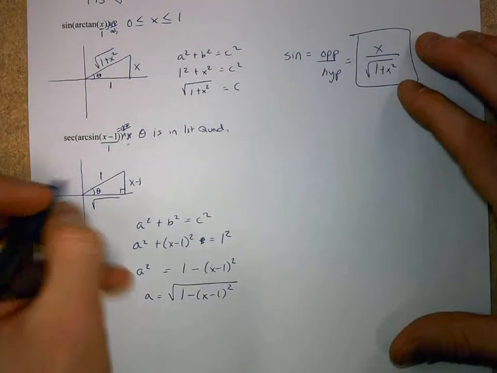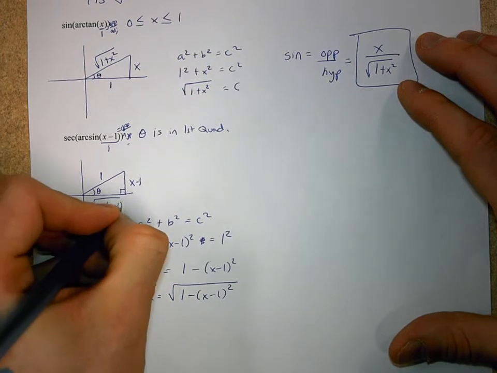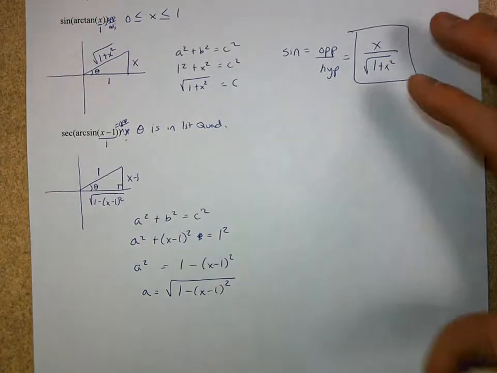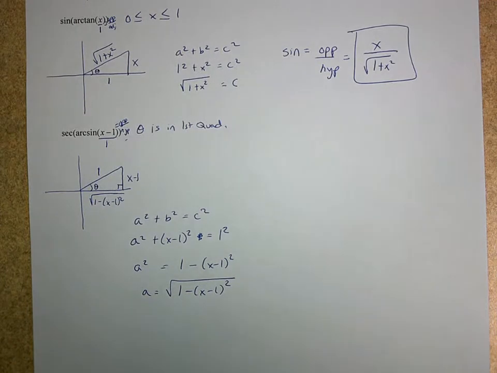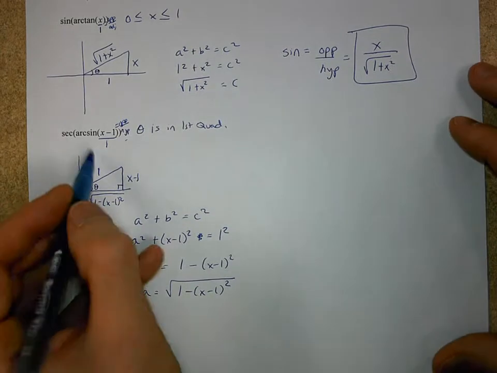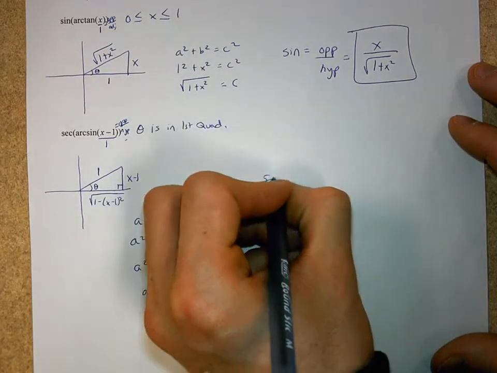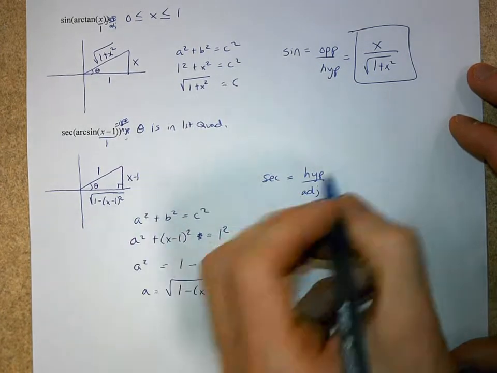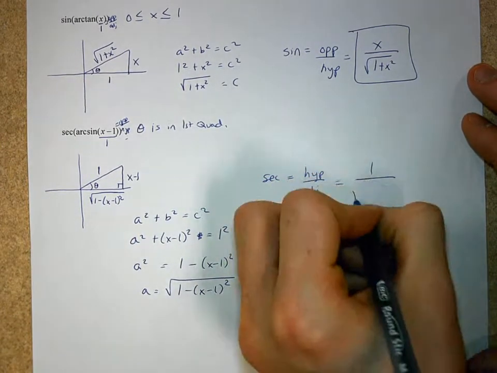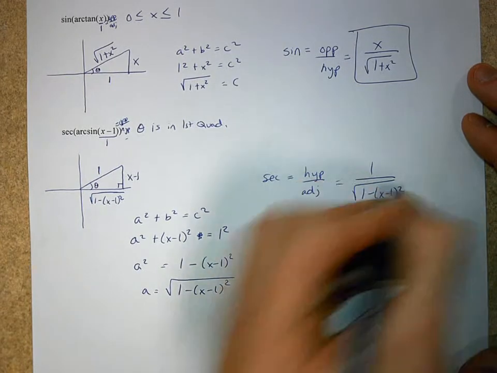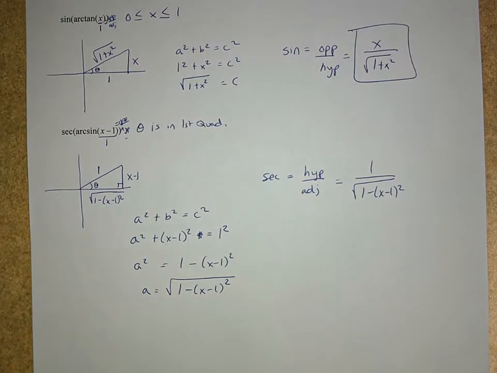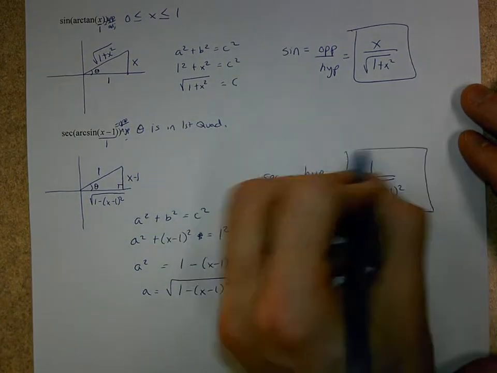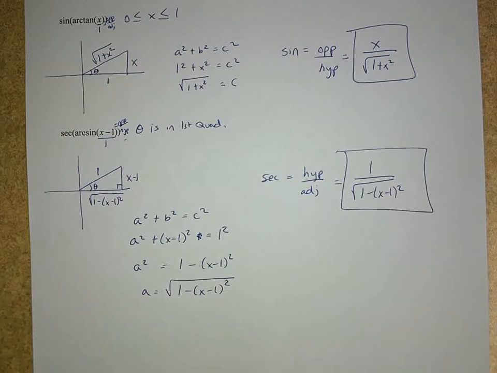So a ends up being the square root of 1 minus the quantity x minus 1 squared. And now that I've got all those sides, I've solved the innermost part. Now I can work on the outside. The secant is the hypotenuse over the adjacent. Which means I've got 1 over the square root of 1 minus the quantity x minus 1 squared.